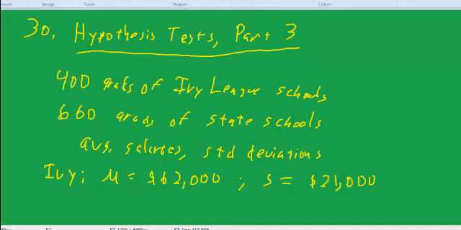And for the state schools, I'll say the average is 57,000, a standard deviation of let's say 18,000.